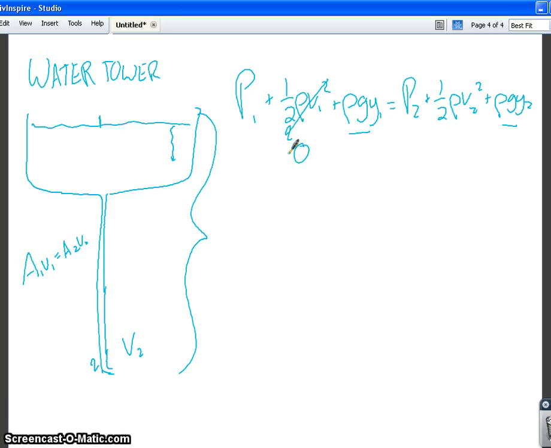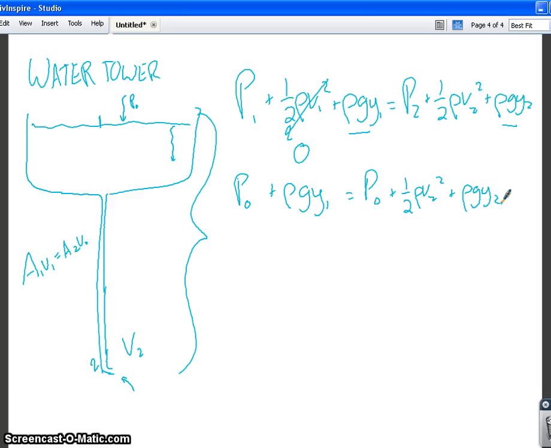Okay, the pressure on the top here is going to be equal to atmospheric pressure. The air is pushing it down. And the pressure pushing against the water this way, so we have pressure on this side and pressure on this side. So the pressure on both sides is going to be atmospheric pressure. So atmospheric pressure plus rho g y1 equals atmospheric pressure plus 1/2 rho v2 squared plus rho g y2.